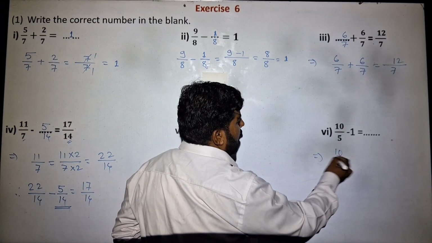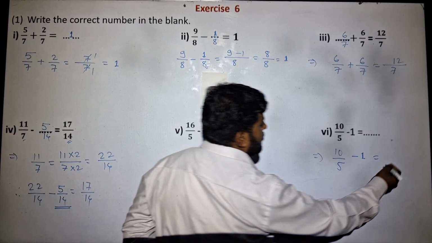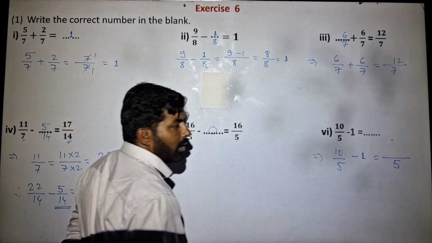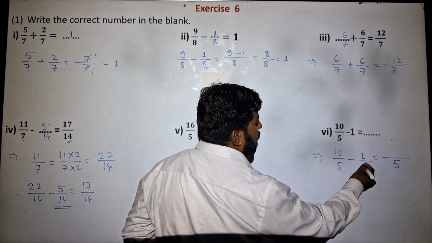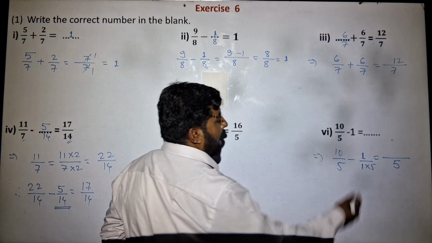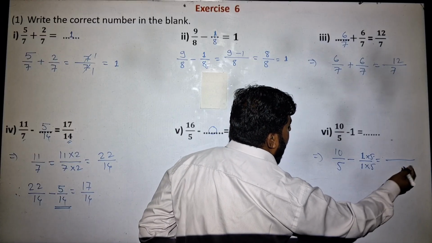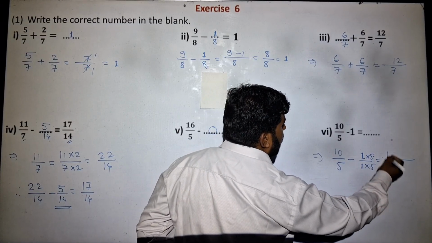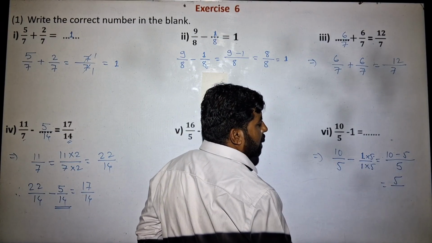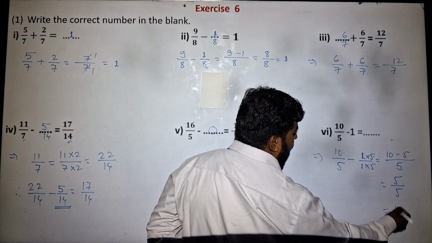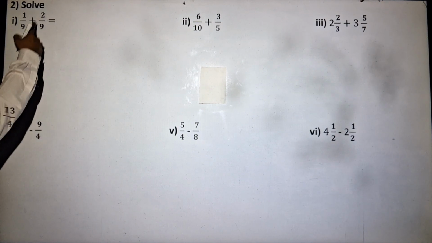Yes, 1 can be written as 5/5, so we take the denominator as 5. How do we take the denominator 5? We multiply the denominator 1 by 5 and the numerator also by 5, so we get 5/5. Then 10/5 minus 5/5: 10 minus 5 is 5, and the denominator is 5, and 5/5 is nothing but 1.